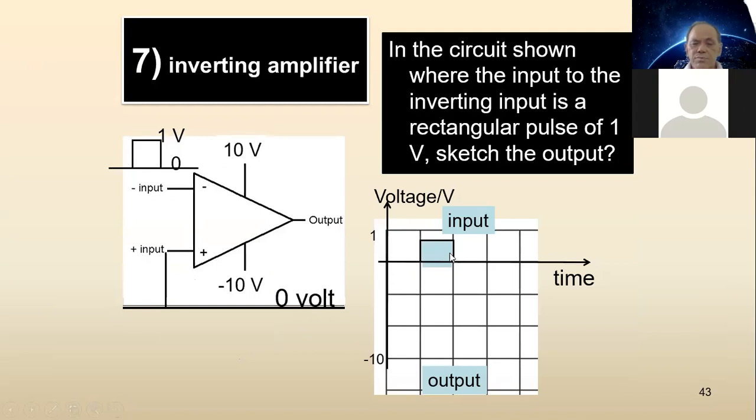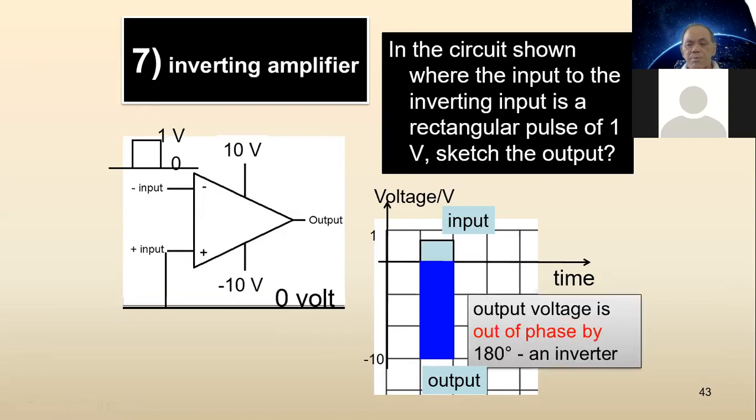But when this is 1 volt, this terminal is greater than this one, so it becomes minus 10 volt straight away. So we can think of it as the output voltage being 180 degrees out of phase. This operational amplifier acts as an inverter. It inverts whatever you put in, or 180 degrees out of phase.